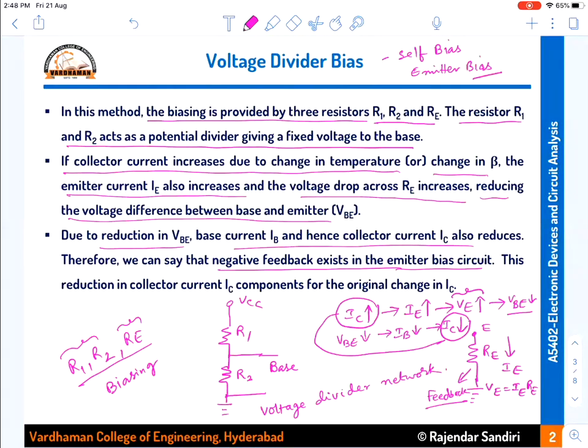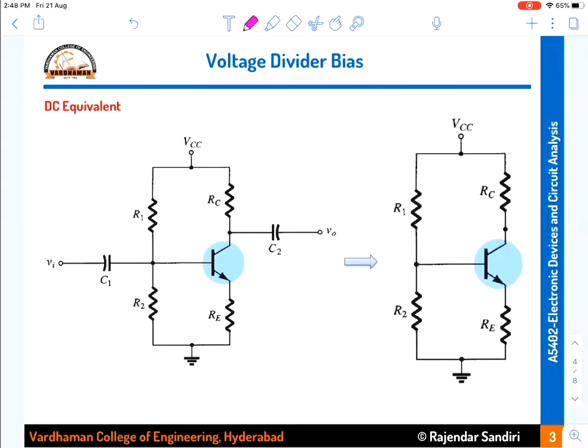Now the circuit diagram, the amplifier circuit: this is a CE amplifier which has both AC input as well as DC input. The DC equivalent can be obtained by making the AC source 0, and the capacitor reactance an open circuit, that is infinity.